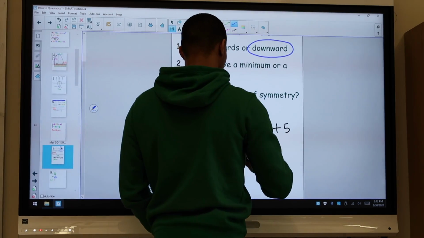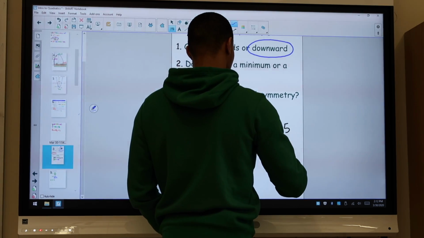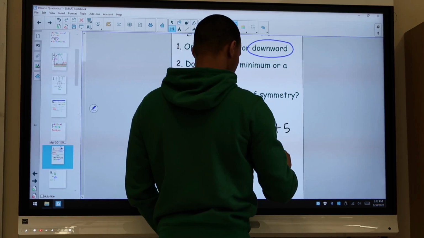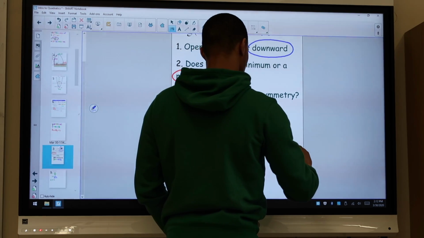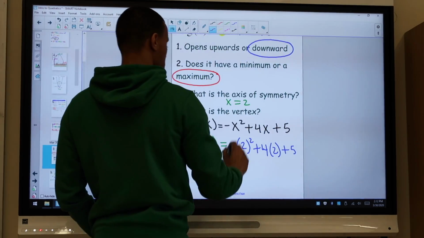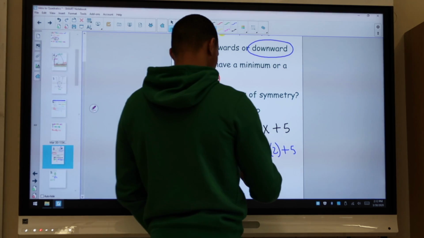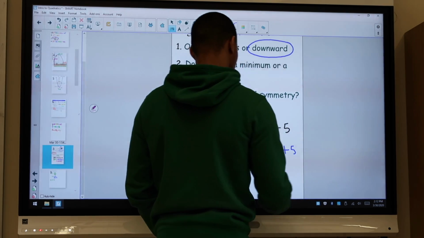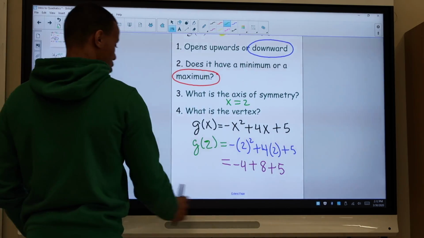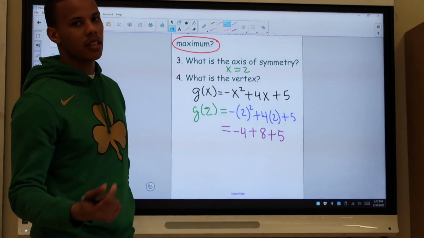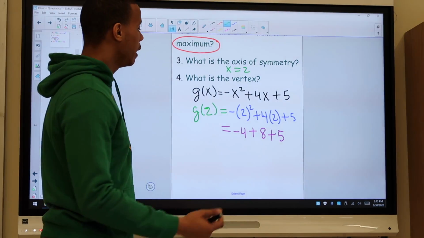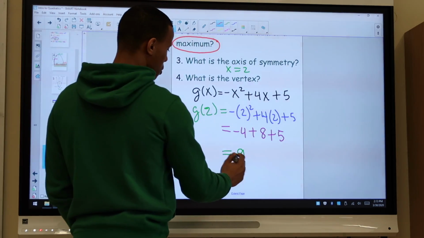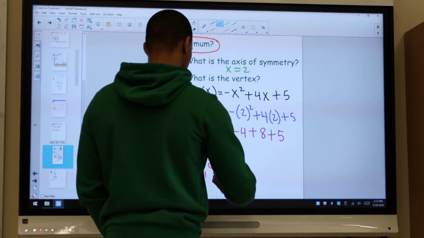So now I have negative 2 squared plus 4 times 2 plus 5. Now, 2 squared is 4. So this will be minus 4 plus 8 plus 5. Negative 4 plus 8 is positive 4. And then positive 4 plus 5 is going to be 9. So your vertex is going to be 2, 9.